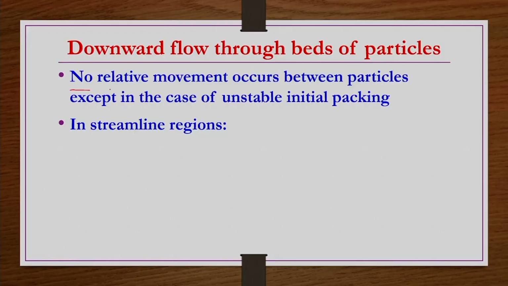When there is no relative movement of particles, what does it mean? It means that the particle bed is stable. It is like a fixed bed, it is like a packed bed. For the packed beds we have seen frictional pressure drop equations both under the streamline conditions as well as the turbulent conditions.